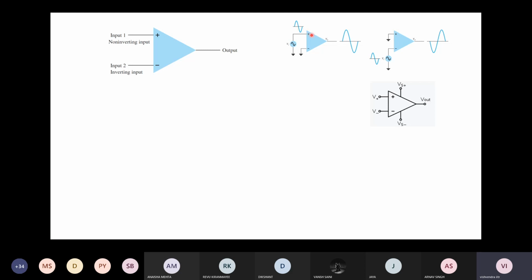So a small signal on the non-inverting terminal will be the same in shape, but just amplified. On the other hand, on the inverting terminal, the input is inverted. The positive half cycle is converted to a negative half cycle, and the negative half cycle is converted to a positive half cycle. Which means that a 180 degrees phase difference is introduced if the voltage is applied on the inverting terminal. Okay.